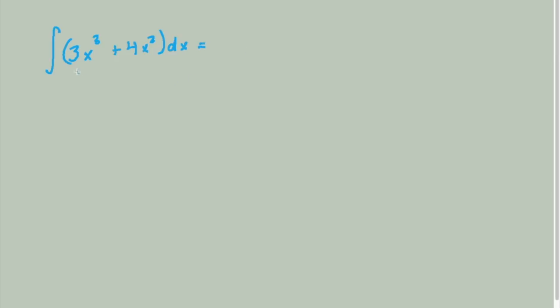So the first thing we're going to do is split this apart into two separate things. We can deal with 3x cubed and 4x squared separately. So our first step would be to rewrite this as the integral of 3x cubed with respect to x plus the integral of 4x squared with respect to x. It's almost as though this dx was being distributed to those two, and now we have two separate integrals we're going to look at.